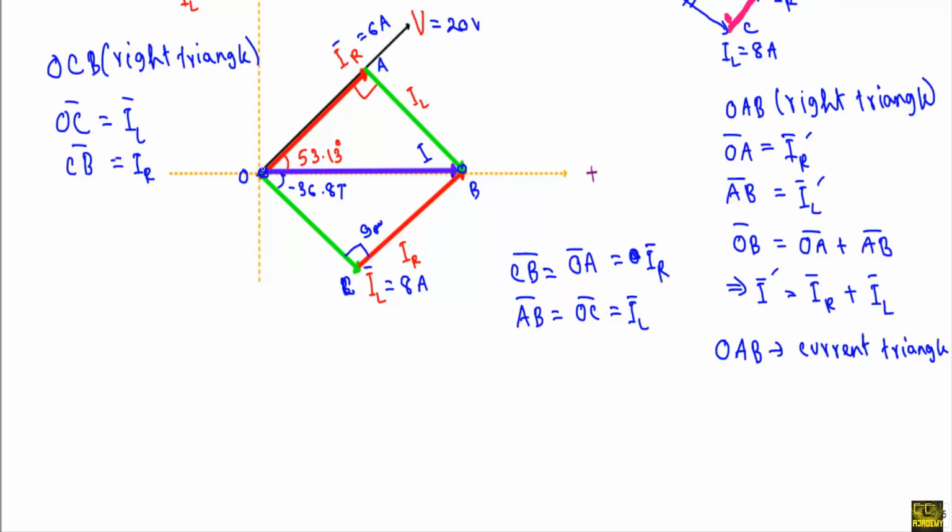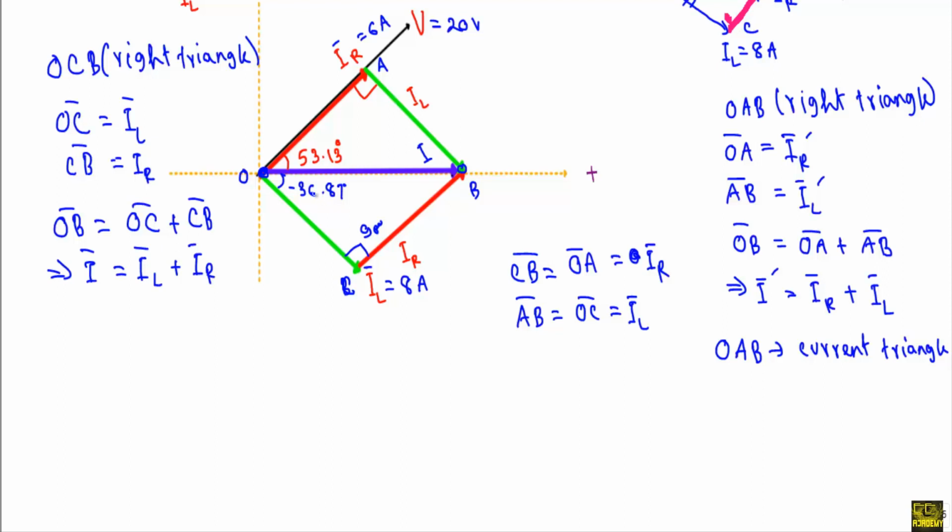If I go directly from O to B, OB will indicate the vector sum of OC and CB. Here this OB is the total current I, OC is the IL and CB is the IR.